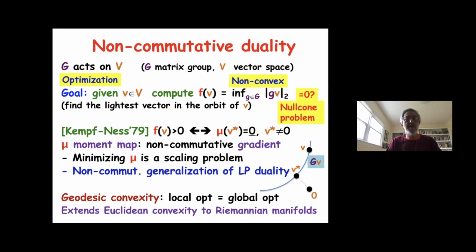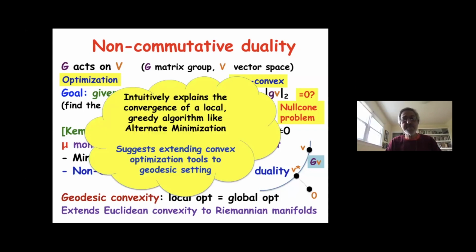So I want to explain this. First, let me tell you a bit more precisely what is a moment map. I will not do it completely precisely. But just summarizing this slide, this existence of convexity intuitively explains why a local greedy algorithm like alternate minimization succeeds.